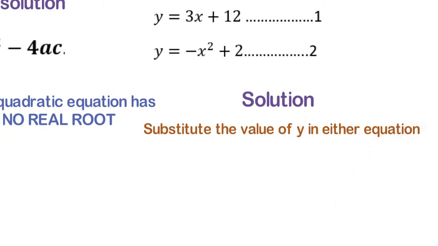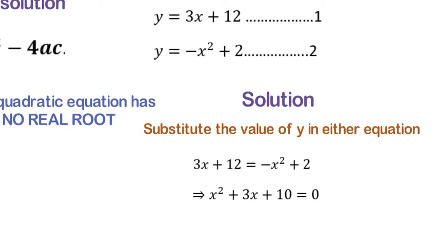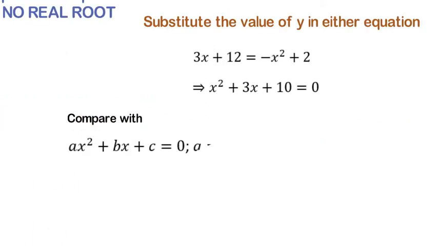Since in both of them y is made the subject, we have 3x plus 12 equal to minus x squared plus 2. This will give us x squared plus 3x plus 10 equal to 0. Compare with ax squared plus bx plus c equal to 0. We will find out that our a is equal to 1, b is equal to 3, c is equal to 10.